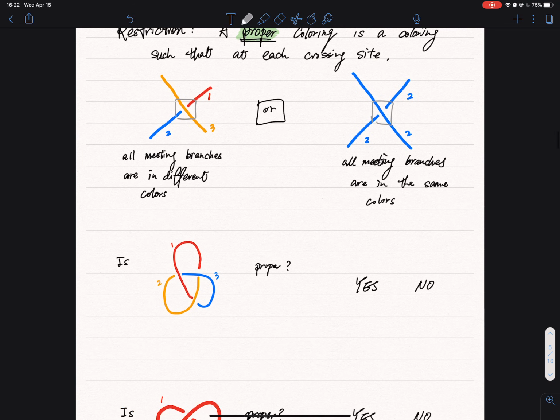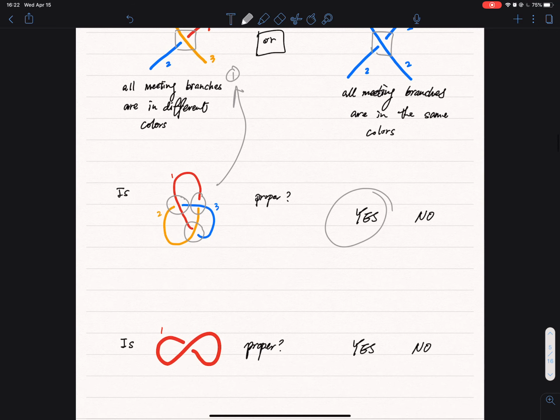Now let's take a look. Is this coloration proper? We can examine these 3 crossings and see, hey, all of them are type 1. So yes, this is a proper coloration. How about this one? Well, this is type 2, isn't it? So yes, this is still a proper coloration.